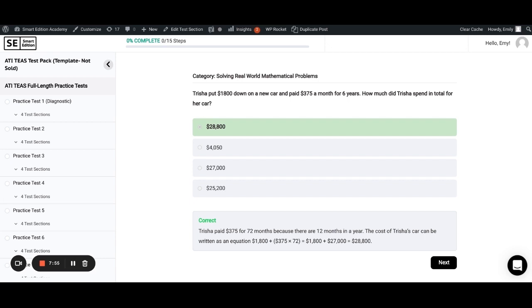So you would do 1,800, which was the initial down deposit, plus $375 multiplied by 72, the amount of months, which when you simplify that, you get $1,800 plus $27,000, which is how you get $28,800.